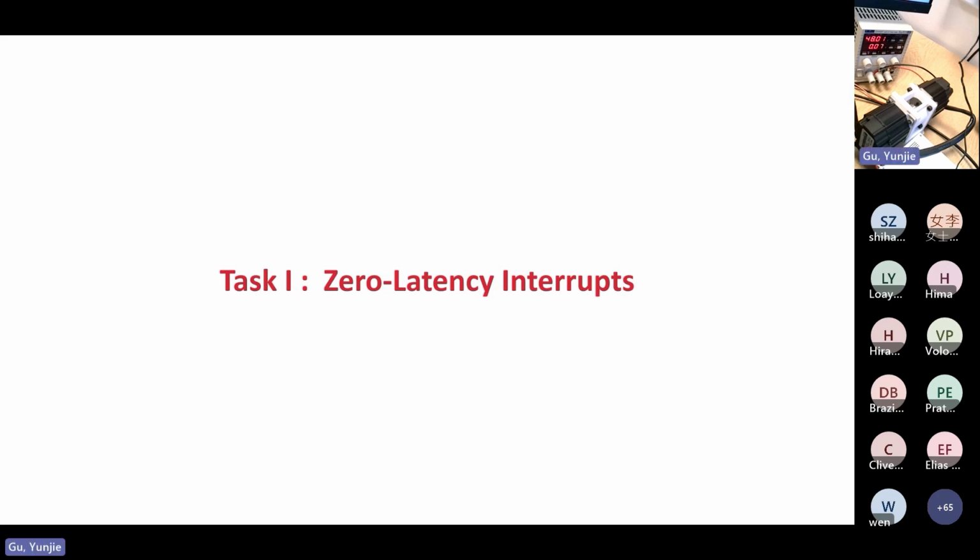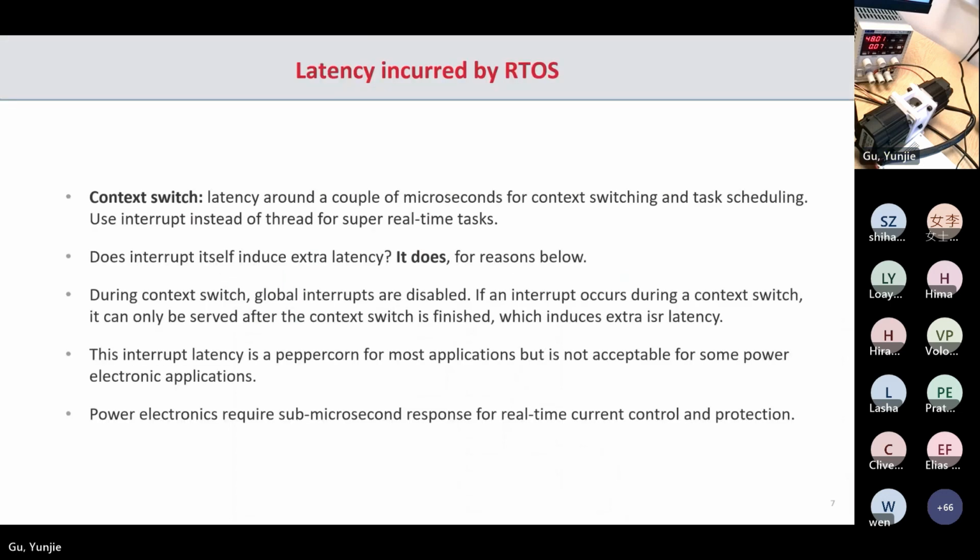Yeah, so the first task is to address the challenge of zero latency response. We know that the RTOS introduces latencies, and the most well-known one is the context switch for threads. It takes some time to save the context, run the scheduling algorithm and switch to another context.